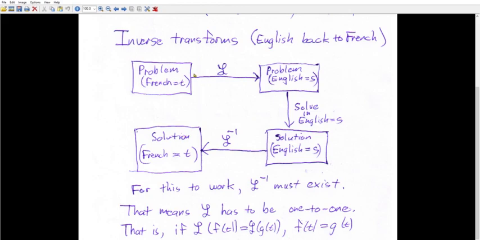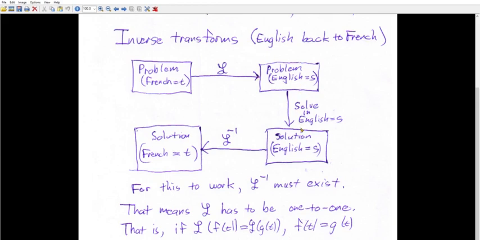Our translation software to get from T to S is the Laplace transform. We're going to do some sort of a solution over here, but we need to get back, and that's going to be the inverse Laplace transform.